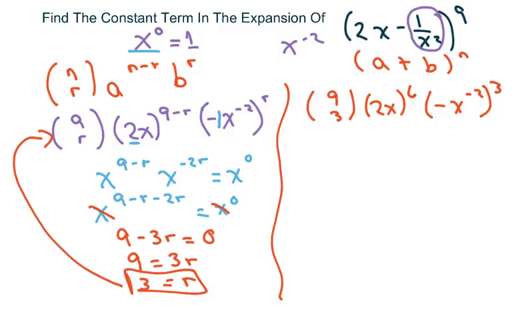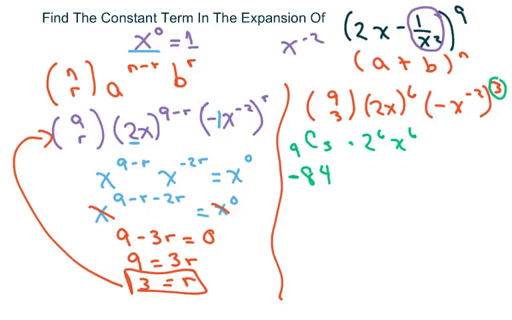Yeah, so if you put it in the calculator, 9 choose 3 is going to be 84. And then we have 2 to the 6th times x to the 6th. And this negative here, since it's to the 3rd power, I'm just going to go ahead and pull it out front.